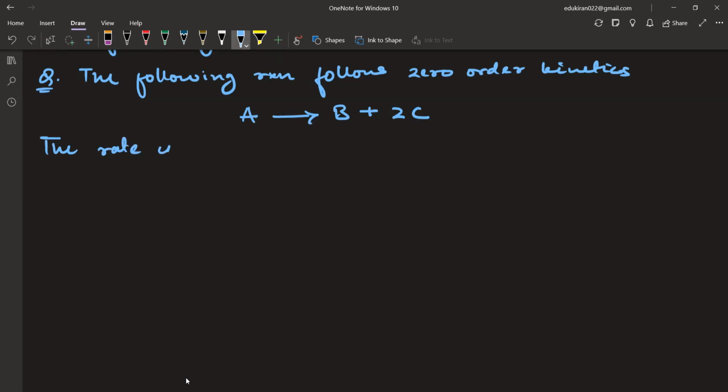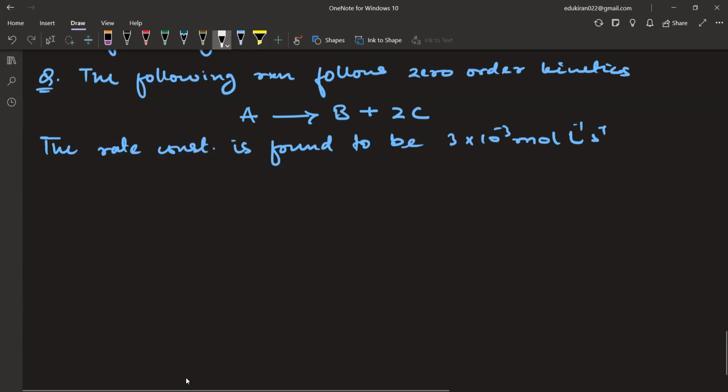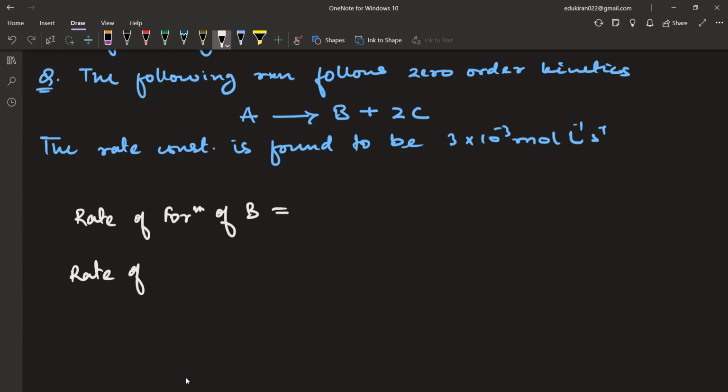The rate constant is found to be 3 into 10 to the power minus 3 moles per liter per second. Now you will tell me the rate of formation of B, how much will it be? The rate of formation of C, how much will it be? Tell me.